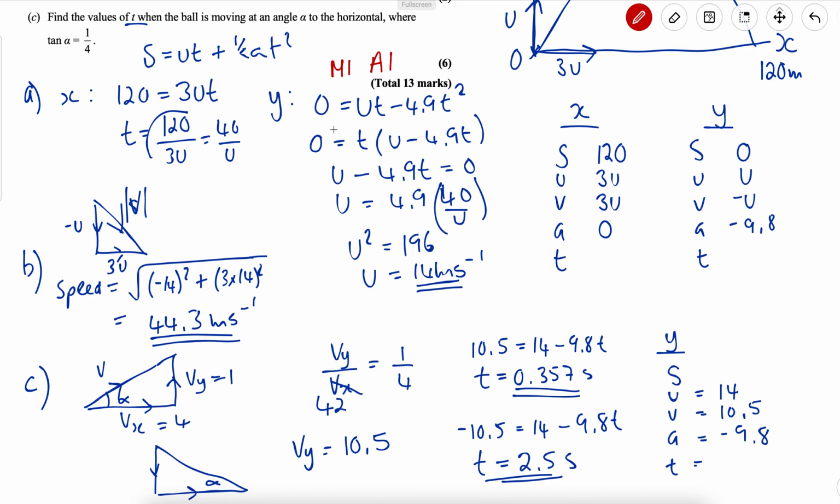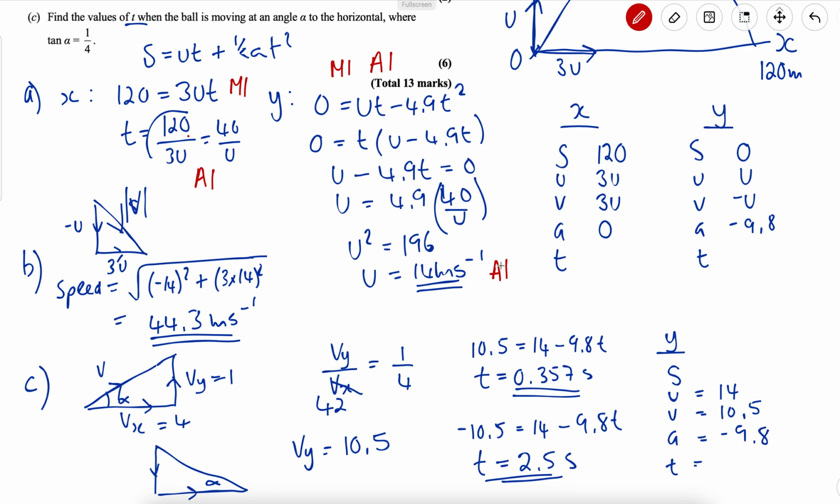But either way, all terms must be included. You also have a method mark for using some kind of SUVAT equation in the x direction, and an accuracy mark here for rearranging either this or this, ready to substitute in, but you only get this if you've also done your equation in the y direction. Then you'll have an accuracy mark for a equals 14.